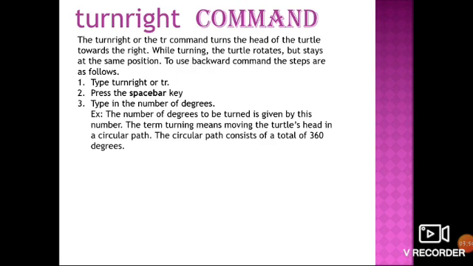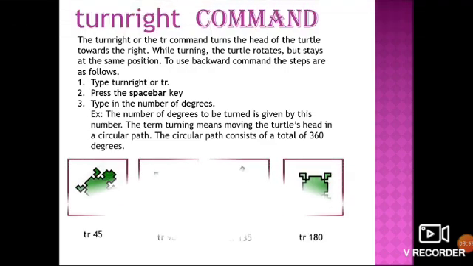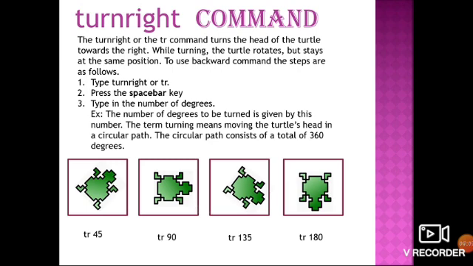That is, if you type TR 45, the turtle remains in the same position but only the head of the turtle moves by 45 degrees. Similarly, here we have TR 90, that is the turtle is moving its head by 90 degrees towards right, and next one is TR 135 and TR 180.